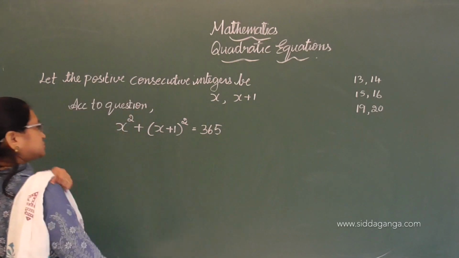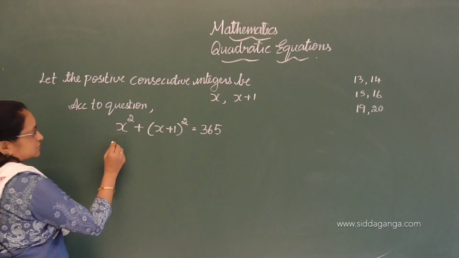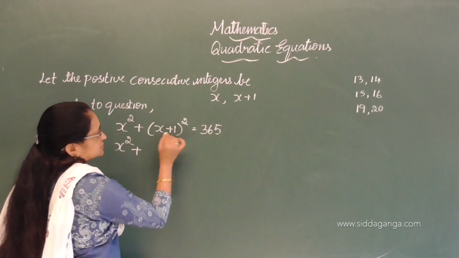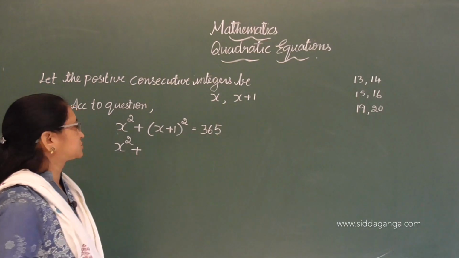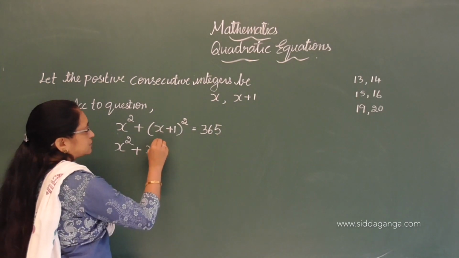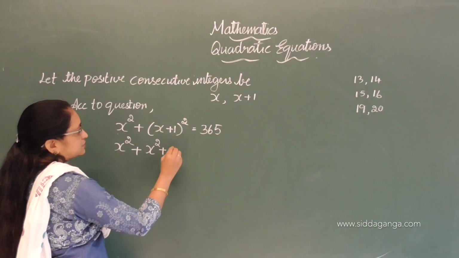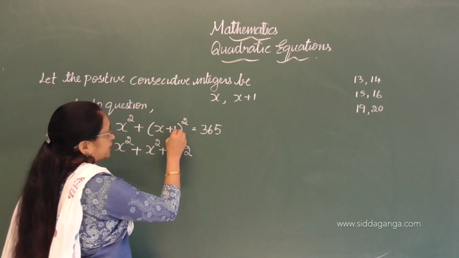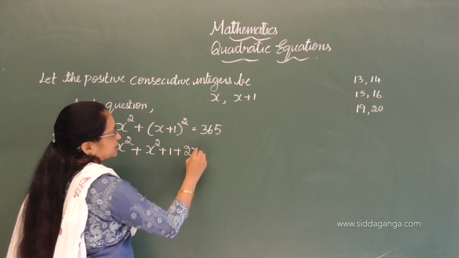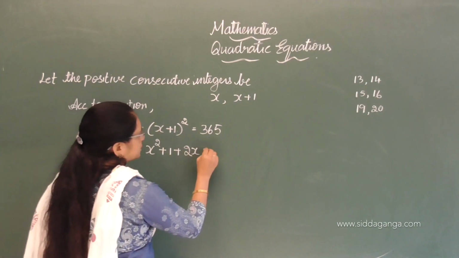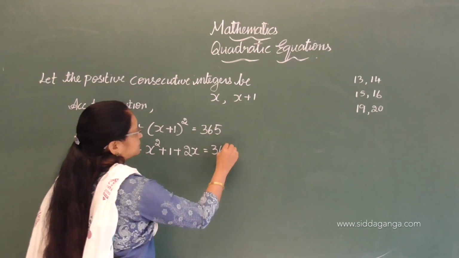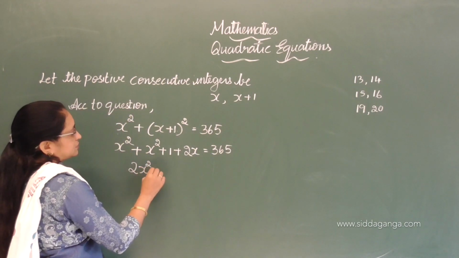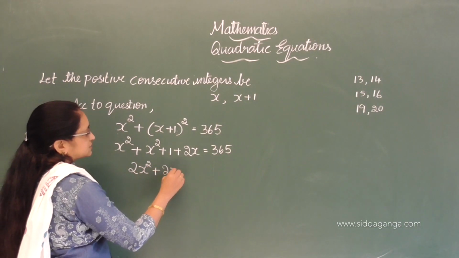So you understood the meaning of this. Let us try to solve this. You all know this is in the form of a plus b whole square: a square plus b square plus 2ab, where 2ab means 2x into 1, is equal to 365. Now add these two: 2x square plus 2x.